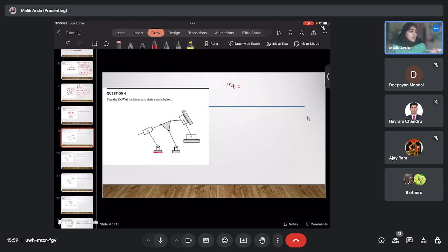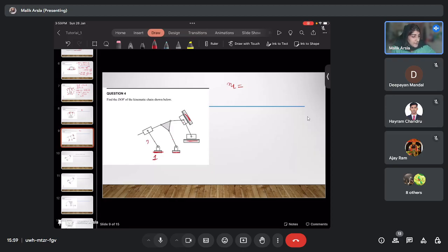So this fixed link here, here, here, it is one link. It is a ternary link because it is connected to 4 links, like this link, this link, this link, and this link. So it is a ternary link, but it is one single link, okay? Don't count it as 4. So this is one link.